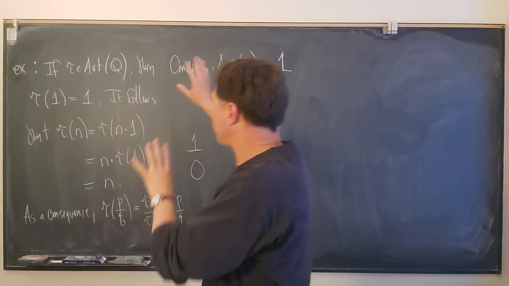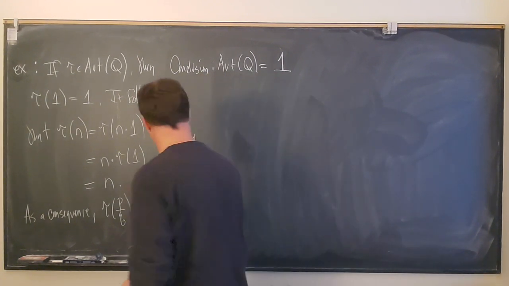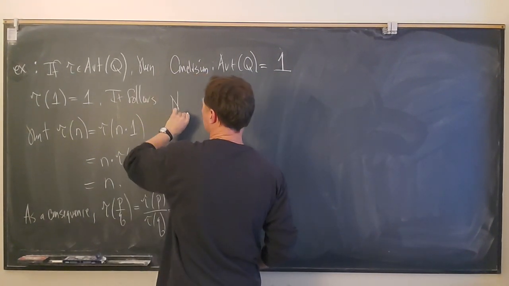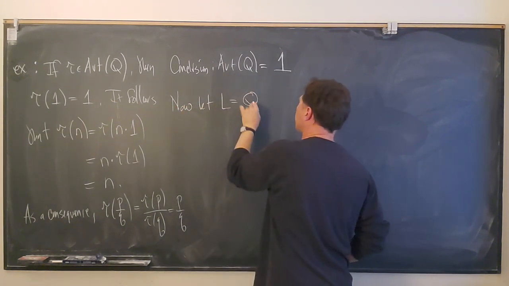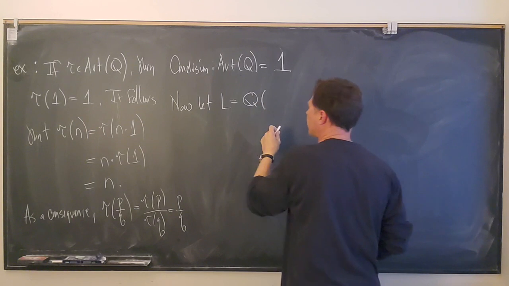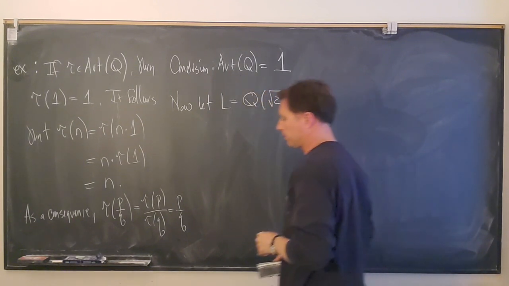Okay, so I needed this to sort of set up the example. Now what I want to look at, let's say, let L be an actual specific field here, Q adjoin square root of 2 and square root of 3.